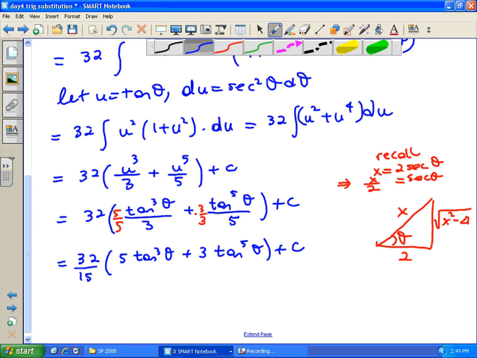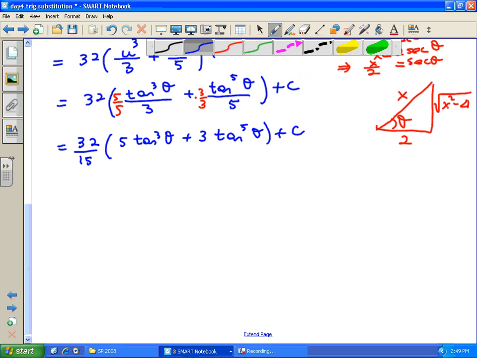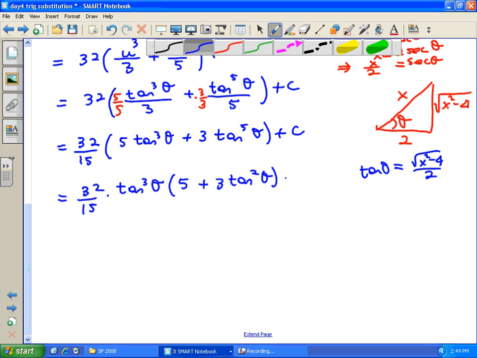And again, before bringing in that tangent theta from the triangle, which we know will be opposite over adjacent, if I wanted to do a factorization, at this point I could even factor out the tangent cube as well, and I could leave this as 32 over 15 times tangent to the third theta, quantity 5 plus 3 tangent squared theta.